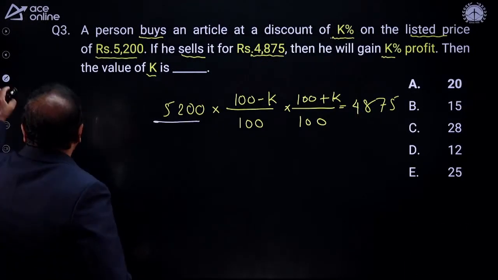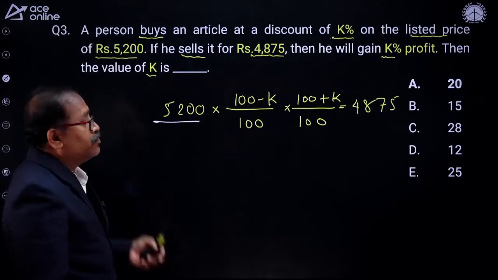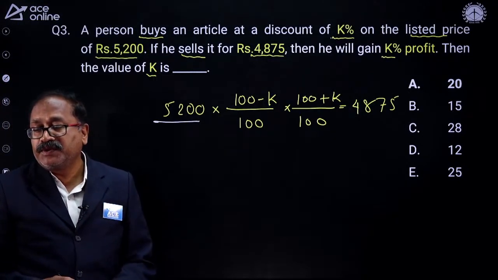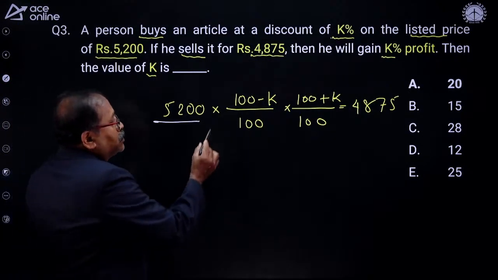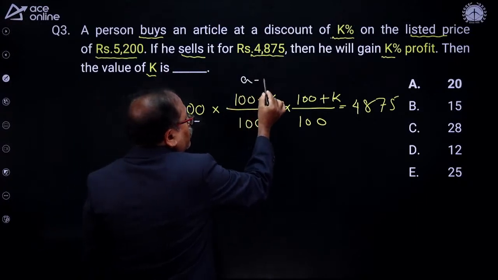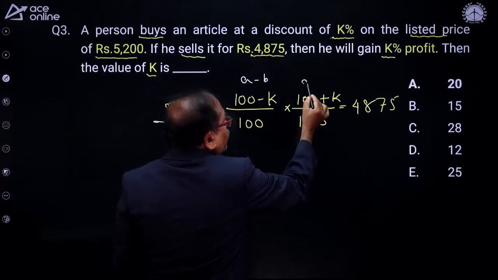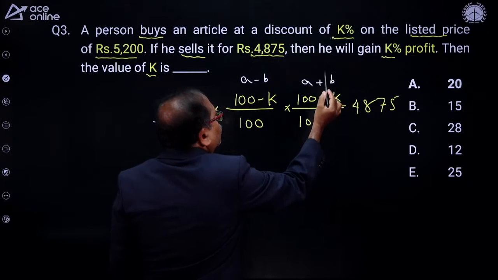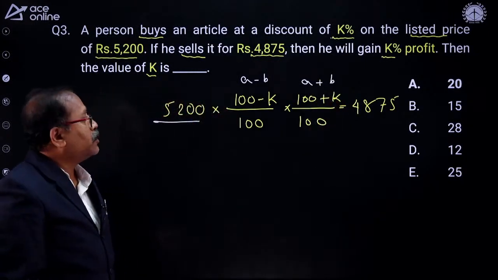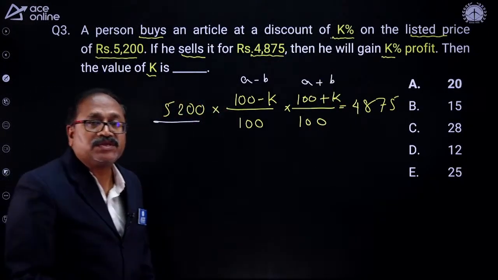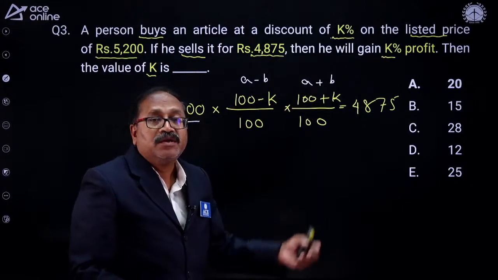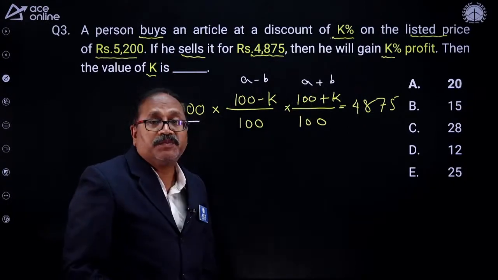So I will do the simplification part now. I am sure most of you must be comfortable over here. Is it not? It is in the form of a minus b, and this is a plus b. And we know the algebraic formula that a square minus b square is equal to a plus b into a minus b.